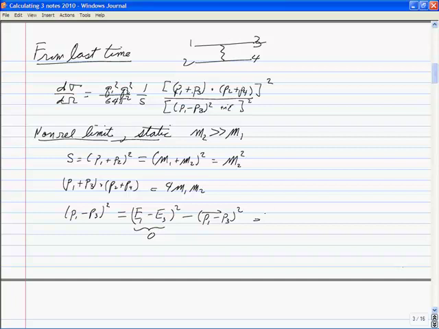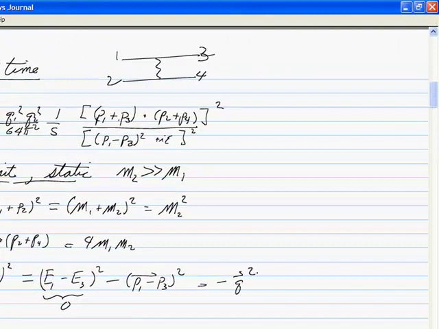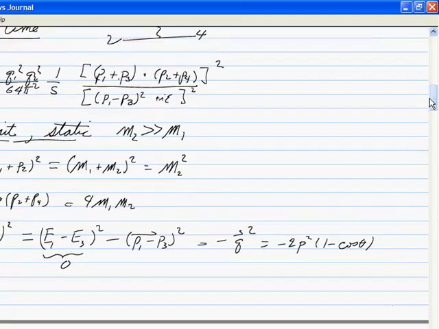And so this guy is then just what we would call minus q vector squared, which is minus 2 p squared times 1 minus cosine theta. That's your scattering angle in the lab. Okay, so then if we look at all these guys here, S goes like m2 squared. There's an m1 squared out of here, and there's q squared out of there. The m2 squareds are going to cancel if you think about it.